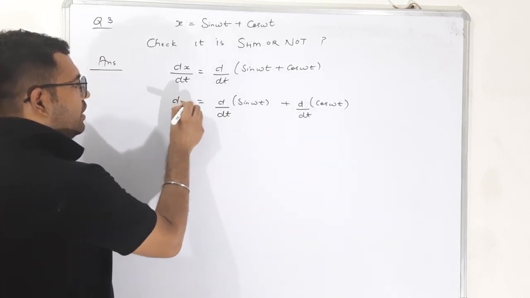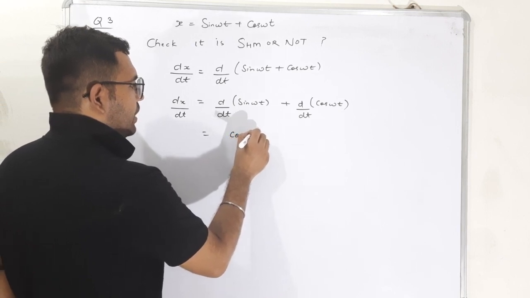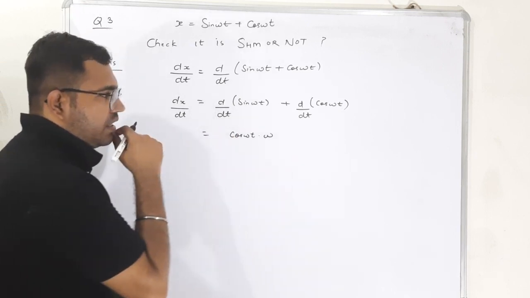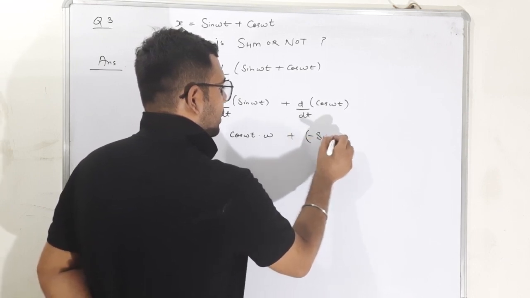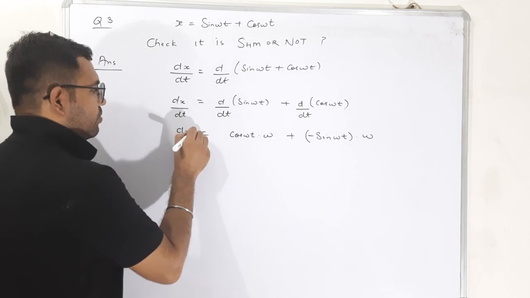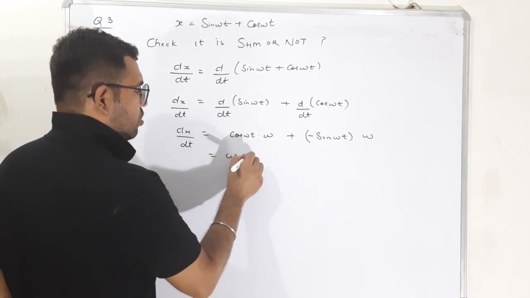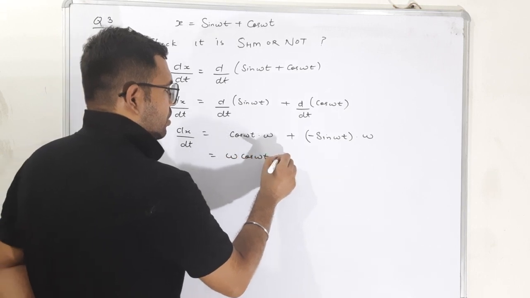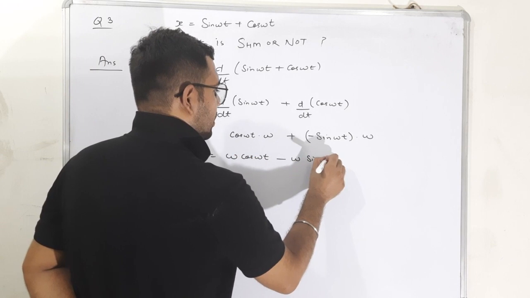So dx by dt equal cos omega t into omega, right, plus, in fact minus sin omega t into omega. So that becomes dx by dt equal omega cos omega t minus omega sin omega t, right?